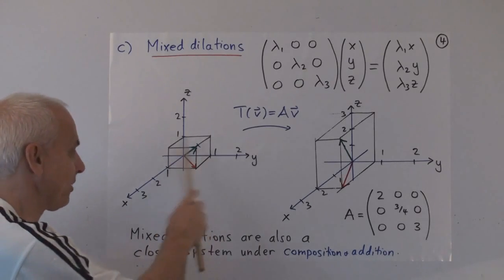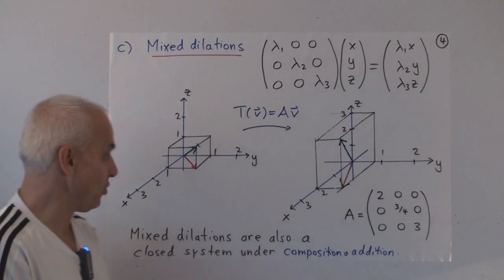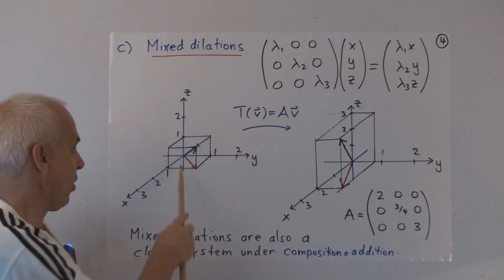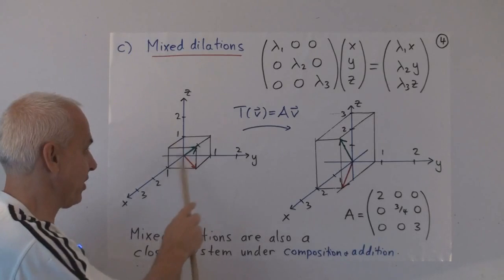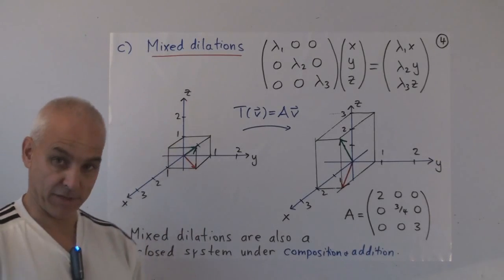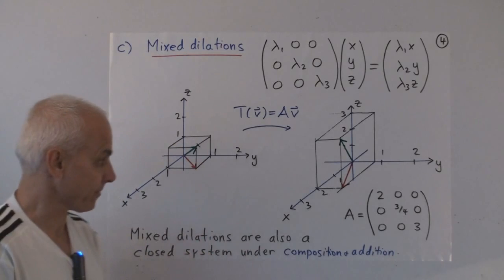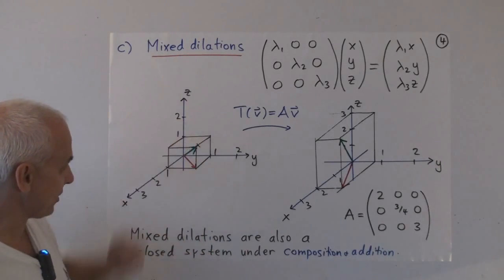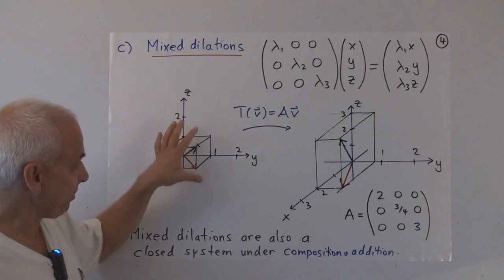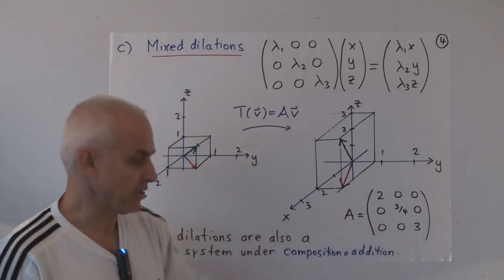And here I've shown you a little parallelepiped, which is the unit parallelepiped, one in each direction. All the sides are parallel to the axes. And I've shown you what happens to this parallelepiped when you multiply every vector by this matrix here.